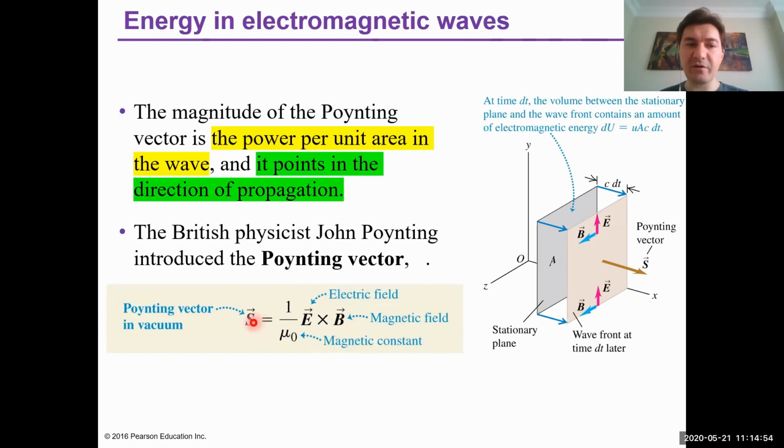So the direction of S is perpendicular to E and B, don't forget. It is along the propagation direction. This is the direction of the Poynting vector and is determined with that relation, E times B. Do you have any question here about the energy in electromagnetic waves?